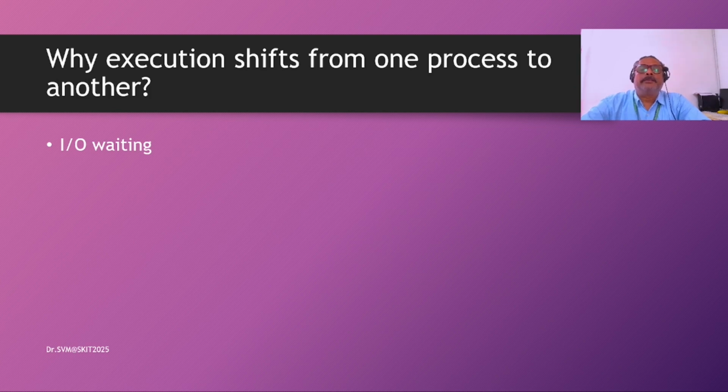One process is running, and it comes to a situation where it has to read the data from the IO, that is external devices, and as we have seen in the earlier stage, these external devices are quite slow compared to our system, and hence we don't want our process to keep running doing nothing, because the process cannot continue till the information required from this IO reading is available.